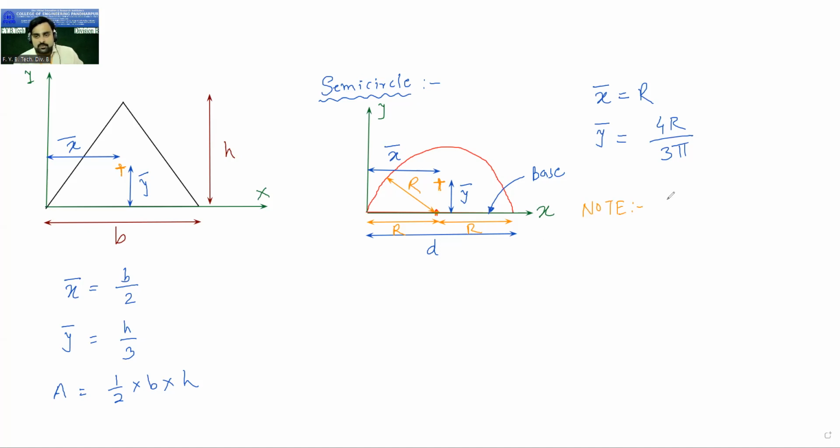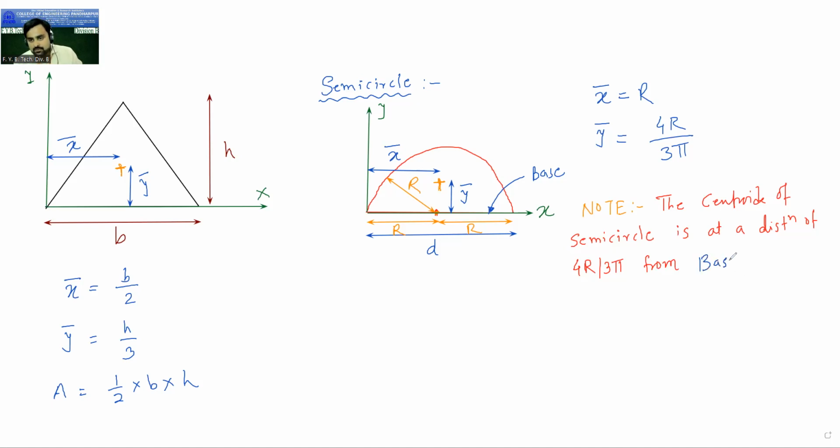Note down this: the CG, that is the centroid of a semicircle, is at a distance of 4r upon 3 pi from the base.